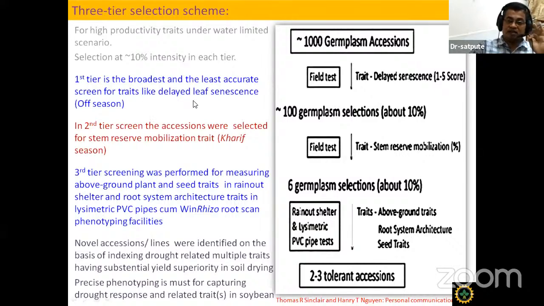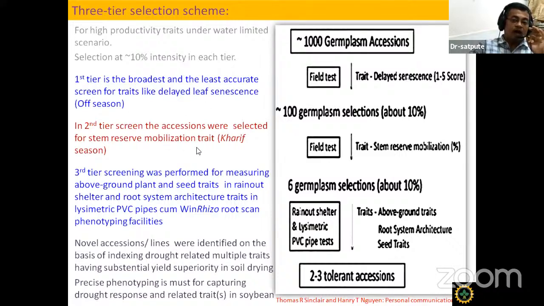Here the trait chosen is delayed leaf senescence. It is done in off season, and out of that, another 10%, that is 100 germplasm, are selected for this very trait, delayed leaf senescence, on a 1 to 5 rating scale, with 5 being the tolerant one.